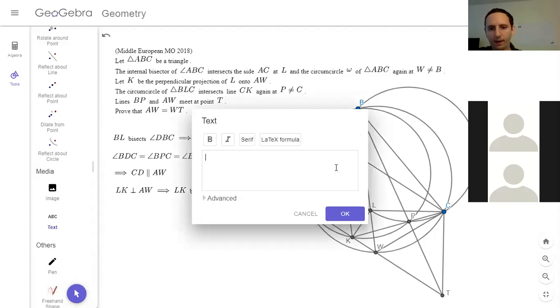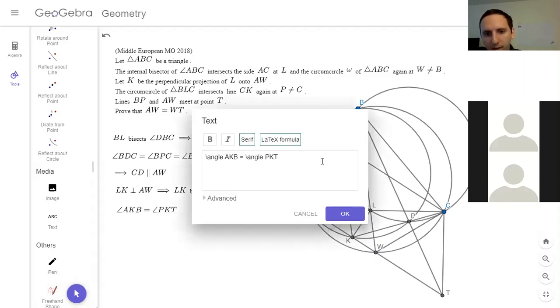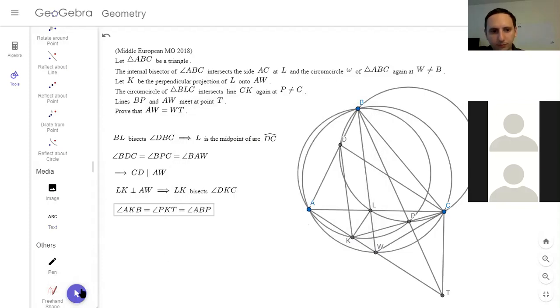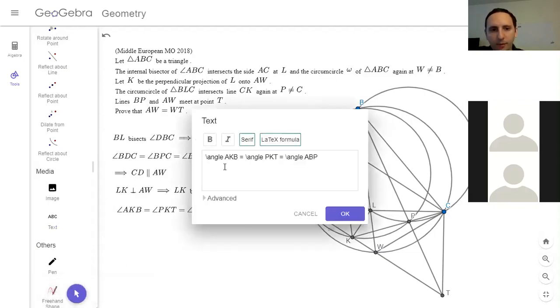So we have angle AKB equals angle PKT, which is equal to angle ABP. You have to write AKD, I think. Oh, did you mean AKD? I'm sorry.